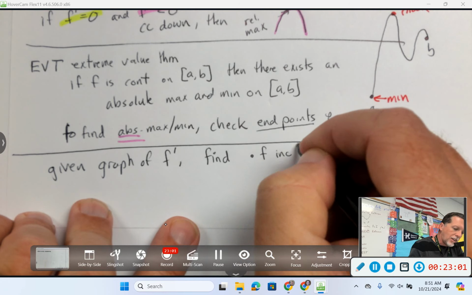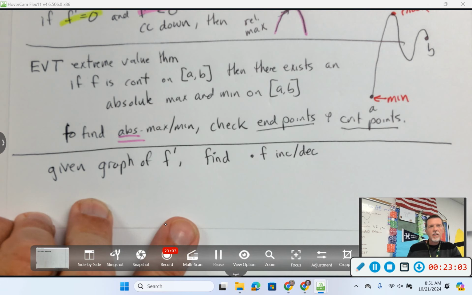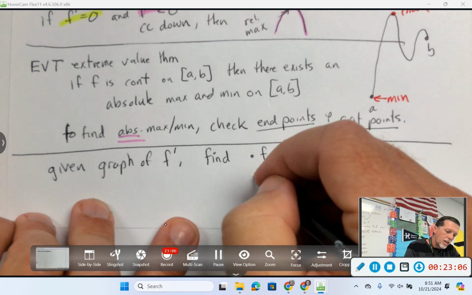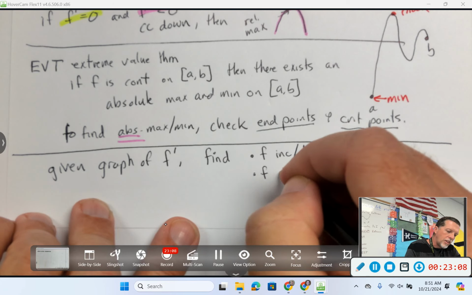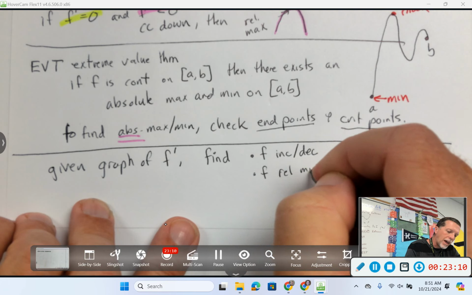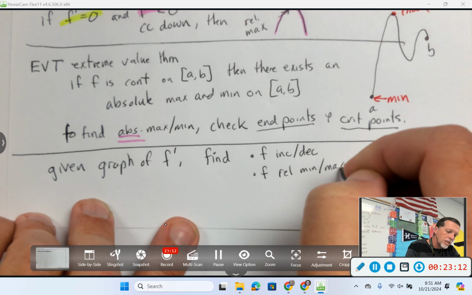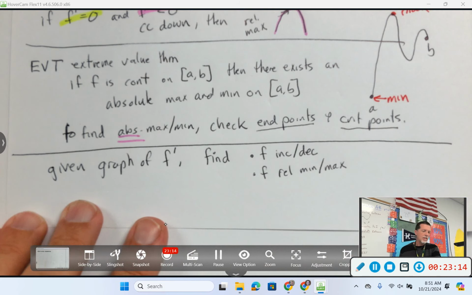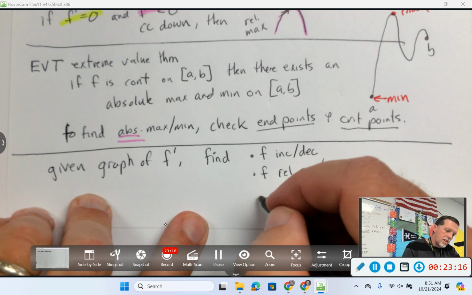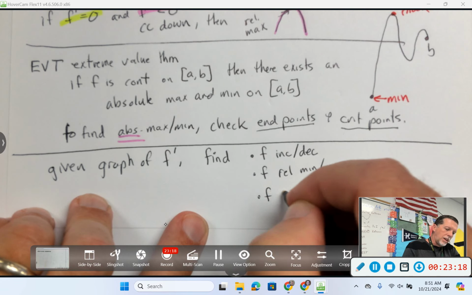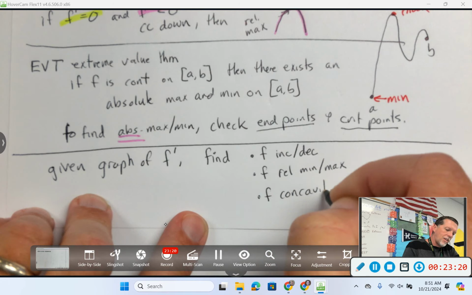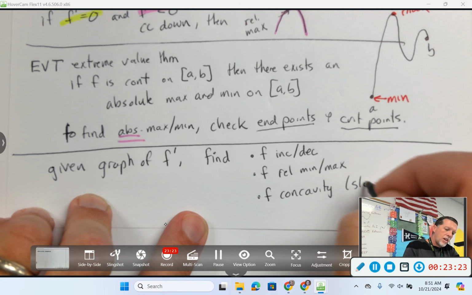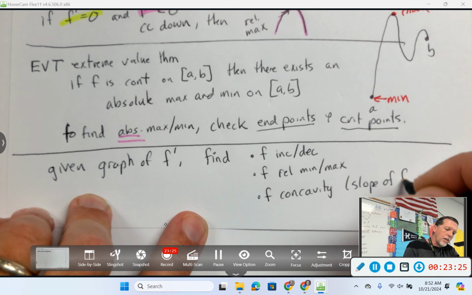Where is f increasing or decreasing? We can ask for the relative min and max, min or max, or both, of f. We can ask for the concavity of f. Right, because the slope of f prime tells us f double prime.